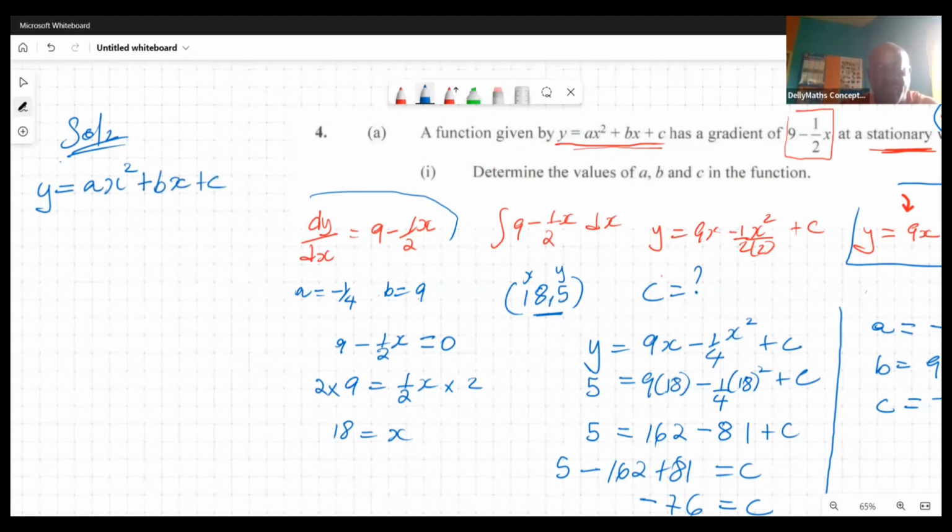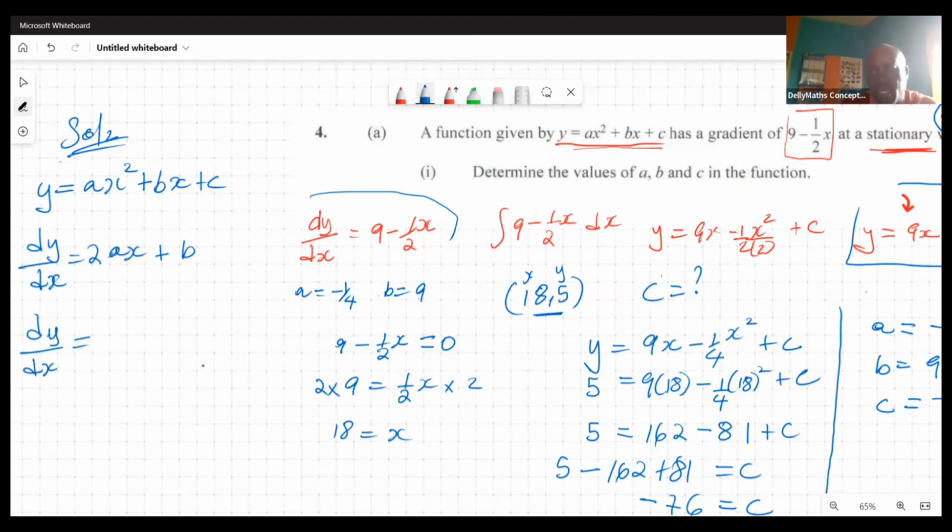I could find the derivative of this, so dy/dx is going to equal 2ax plus b. So this is the dy/dx, which is going to be equivalent to this same dy/dx.